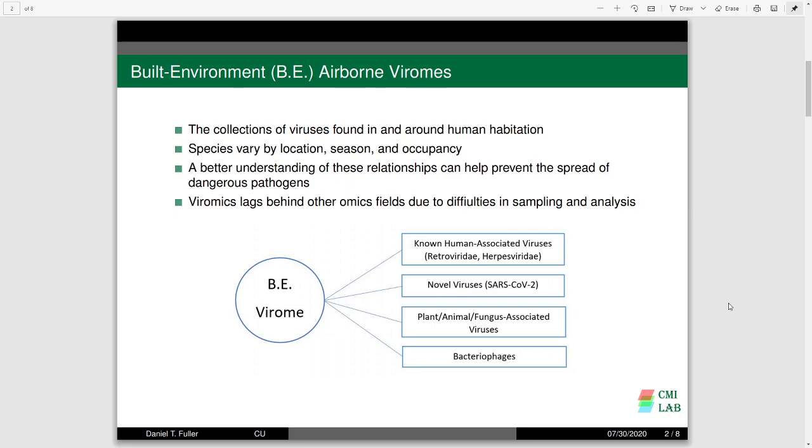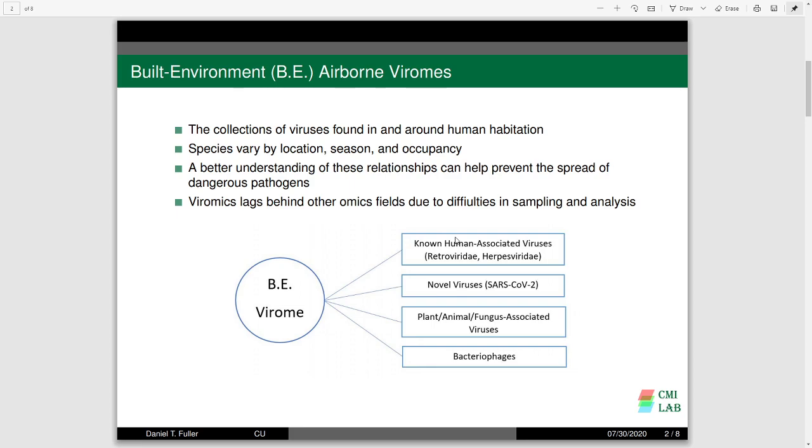Now, unfortunately, viromics lags behind other omics fields due to difficulties in sampling and difficulties in analysis. Here we have the built environment virome and what it's made up of. At the top here, we see known human-associated viruses, retroviruses, herpes viruses, coronaviruses, and novel viruses such as SARS-CoV-2, the one that we're really interested in looking at, right?